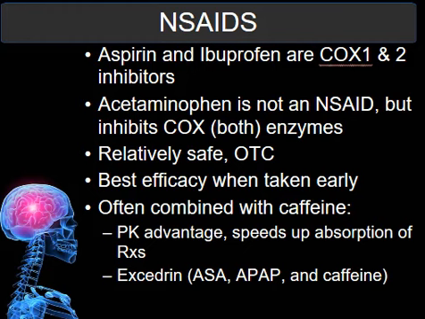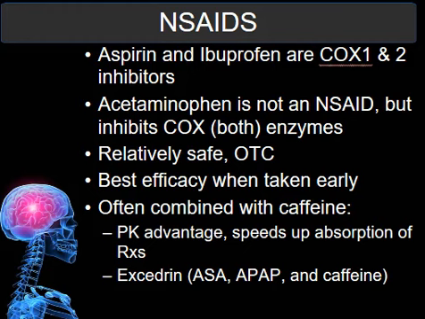So NSAIDs are the first line, go-to therapy for any and all headache. Aspirin and ibuprofen have a much higher affinity for COX-1, of course, than COX-2. Acetaminophen, remember we said, is not an NSAID, but it does inhibit both COX enzymes. These drugs are very safe. They're given OTC.